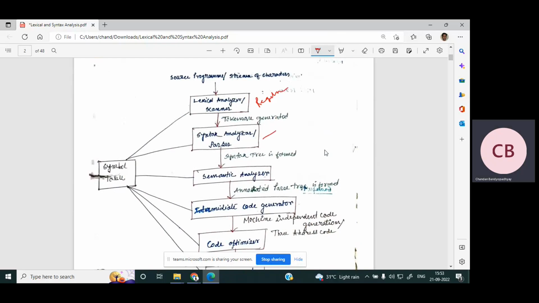Context free grammar is connected with the syntax analyzer. And the semantic analyzer was connected with context sensitive grammar. So why does this sensitivity term come in the semantic analyzer? Because whatever I write in my code, if there is any sensitivity issue, then those are tracked by the semantic analyzer. That is the reason this grammar is named context sensitive grammar.